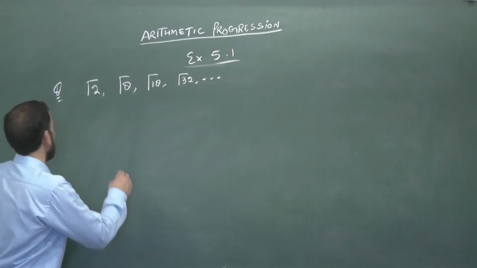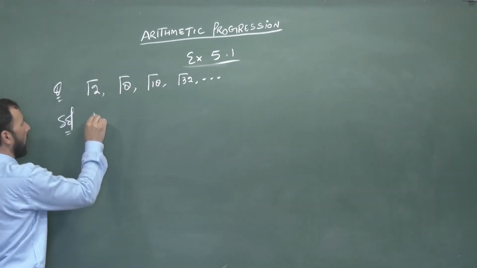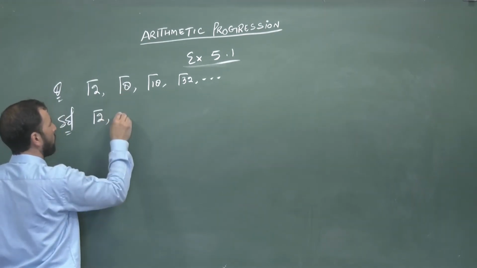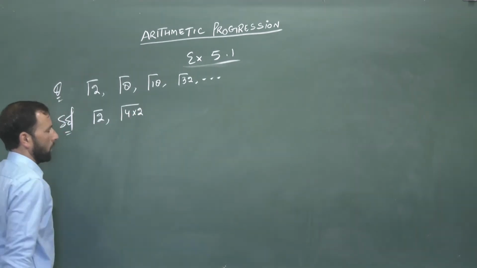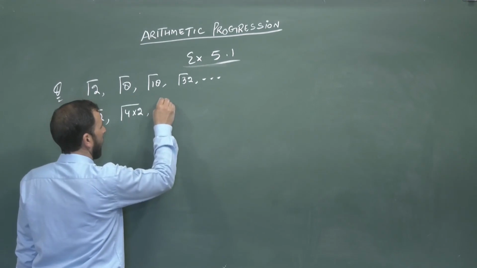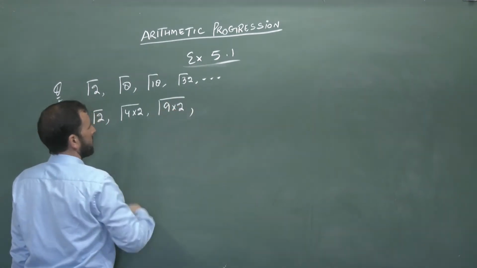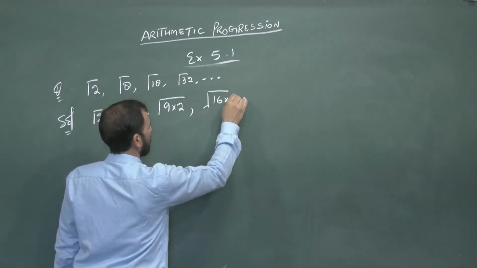So we can simplify this. Square root of 2 is square root 2, and we can write square root 8 as square root of 4 into 2, because 4 into 2 is equal to 8. Then we can write 18 as square root of 9 into 2. Similarly, square root of 32 is square root of 16 into 2.